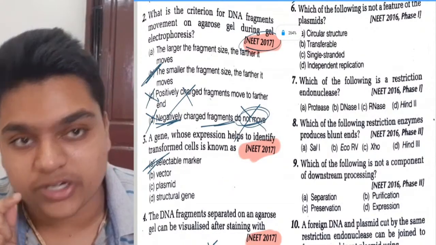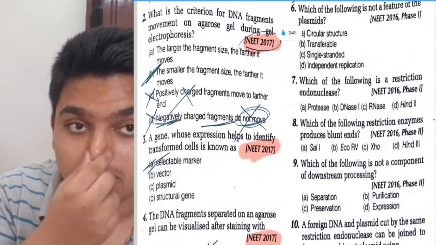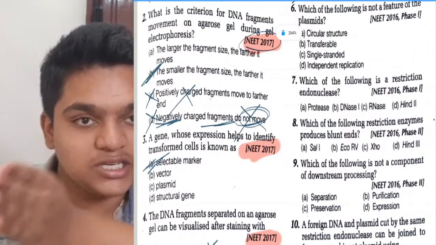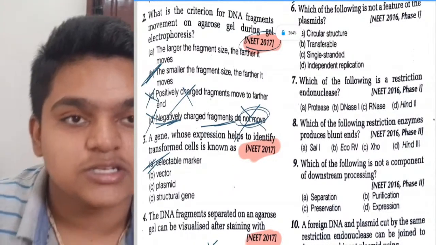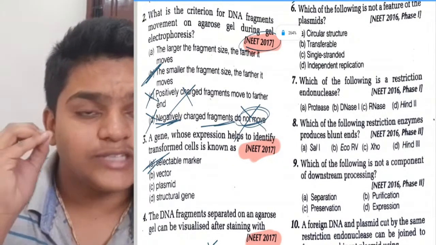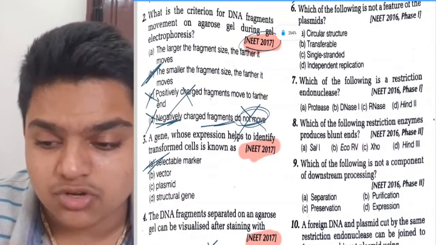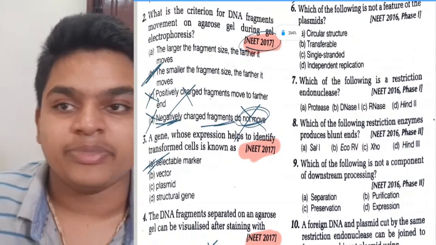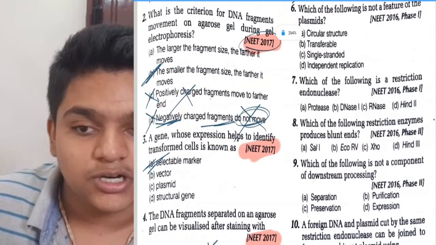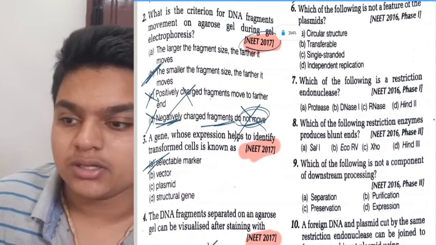Rather, it is a component of genetic modification. Yes, you put the gene there and it is getting expressed. So it is not a component of downstream processing. Downstream processing exclusively has the contents of purification only. Okay, clear?